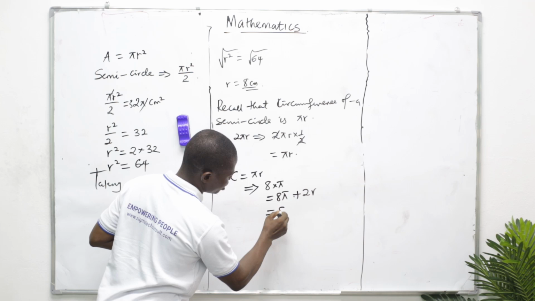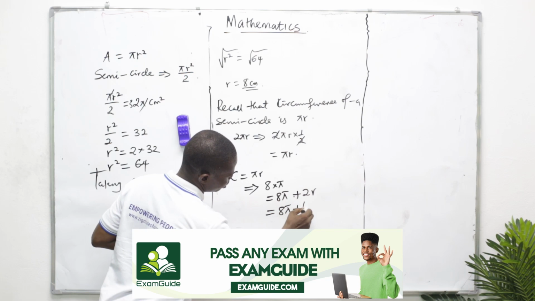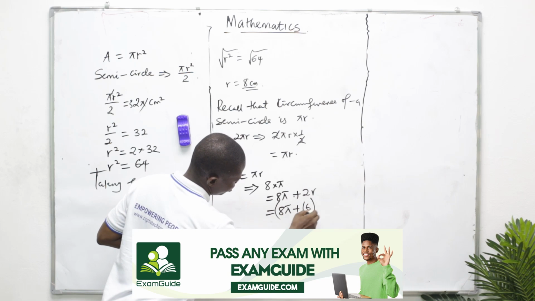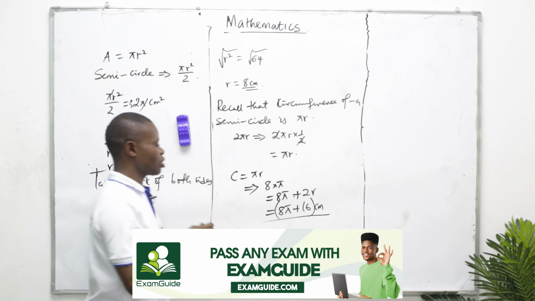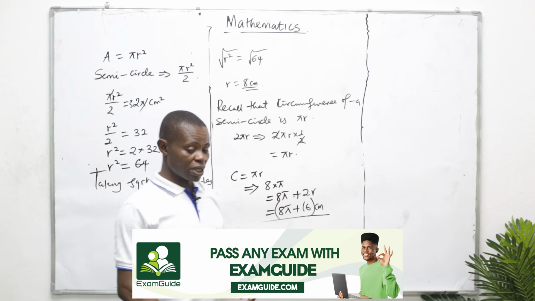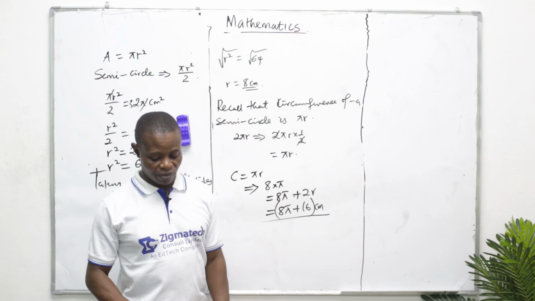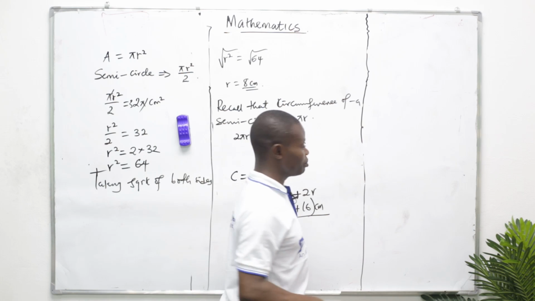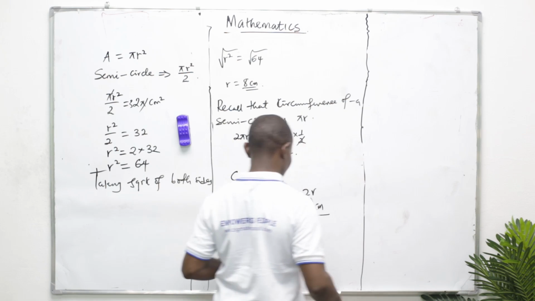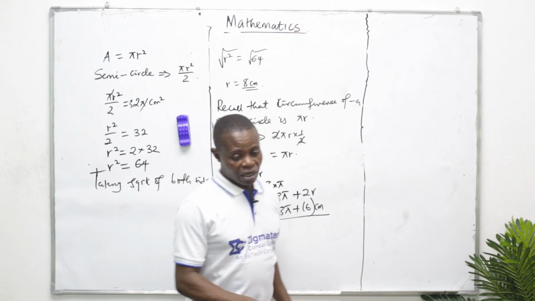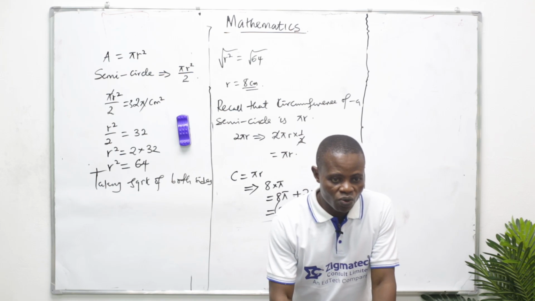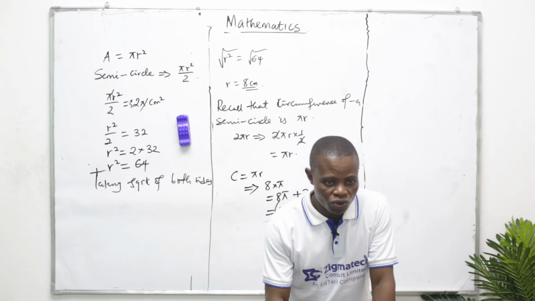This will give us 8 pi plus 16, all in centimeter, because the unit for circumference is what? Centimeter, while the unit for area is cm square. Okay, that's that. We are pushing to question number 12 now.